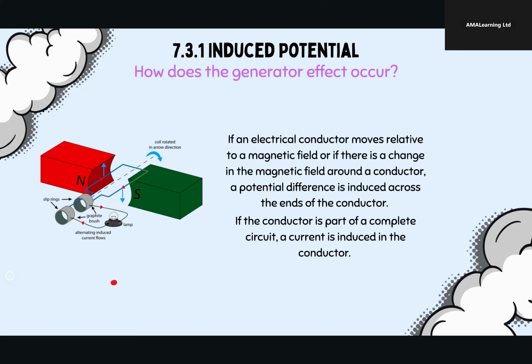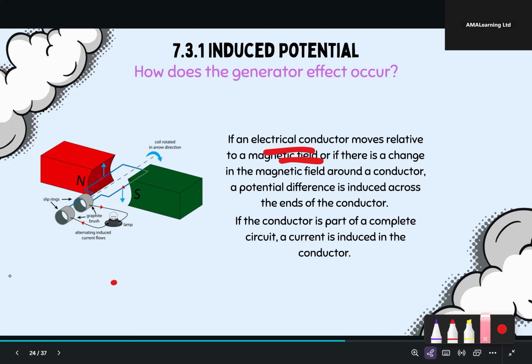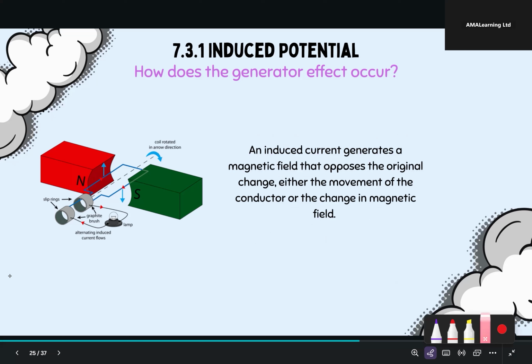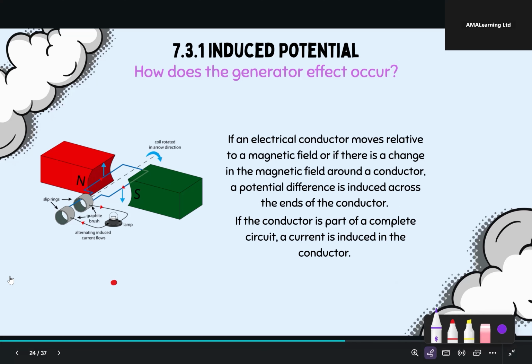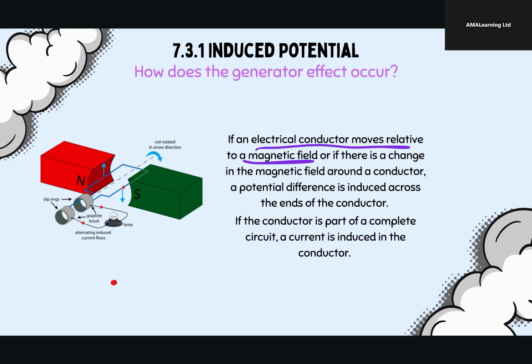Okay, so if an electrical conductor moves relative to a magnetic field, or if there's a change in the magnetic field around a conductor, a potential difference is induced across the ends of the conductor.